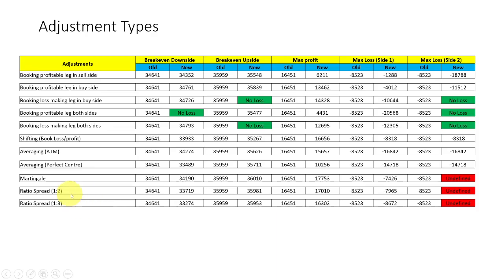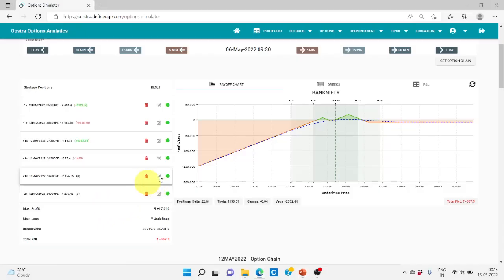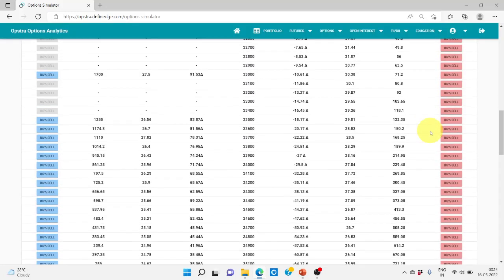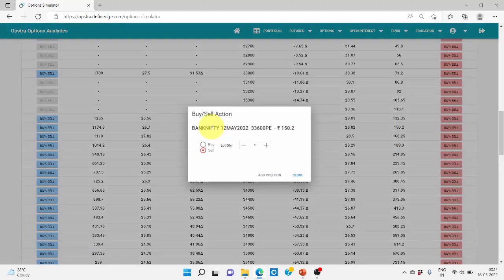I'll explain two of the ratio spreads here. So instead of dividing the 460 by 2, if we divide that 460 by 3, which is almost 150, we are going to sell 3 lots of the 150 put option.